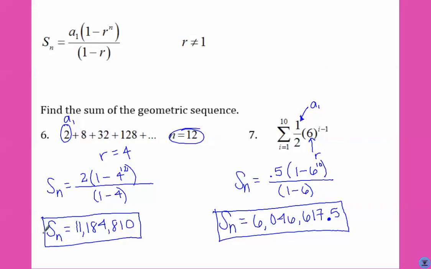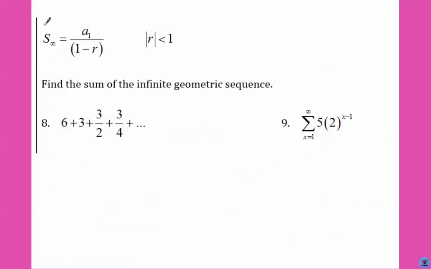Now something different that we can do with geometric sequences is find the infinite sum. What if we added on forever? What would happen? We can only use this formula when the absolute value of our ratio is less than 1. Very important that the ratio be less than 1 for this formula to work. If you try to do it with anything greater than 1, you're going to have a problem. So here, our first term is 6.